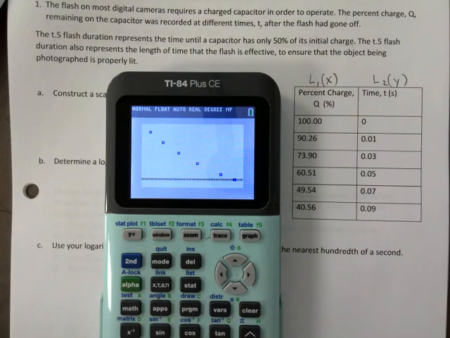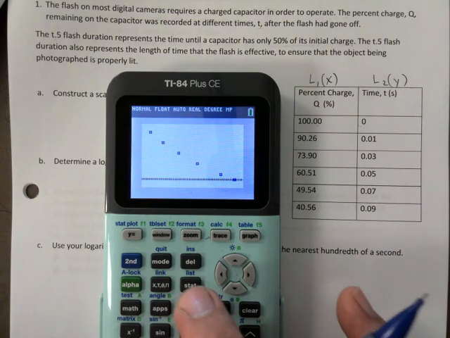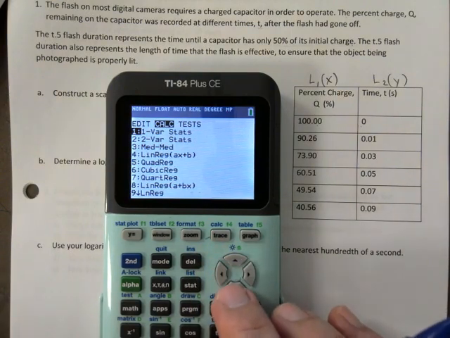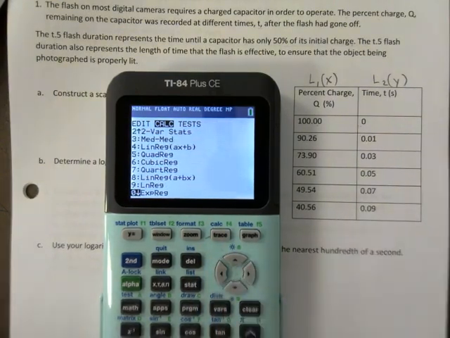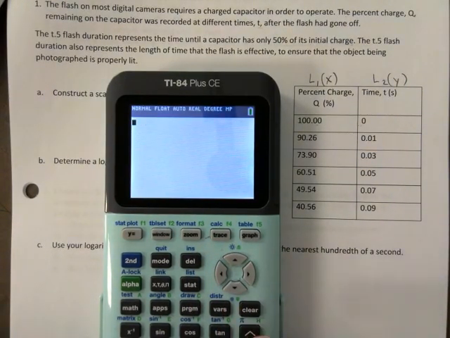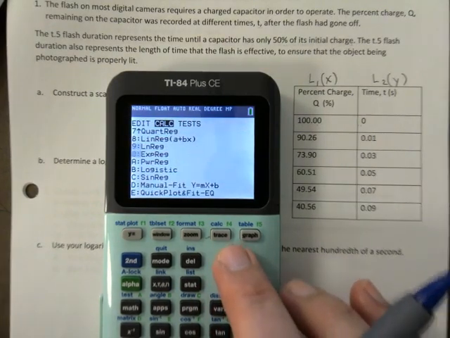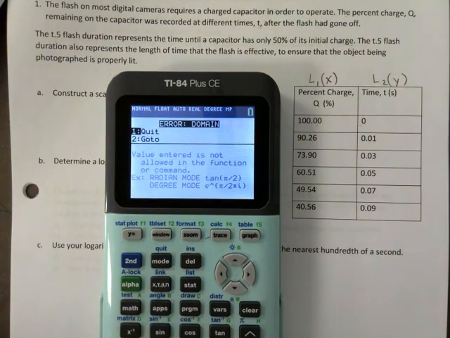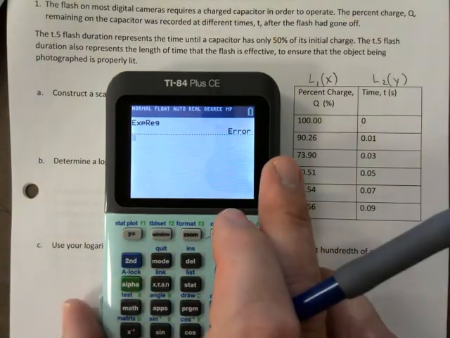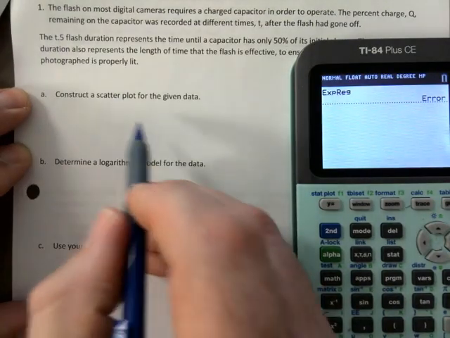You wouldn't even be able to do it. I think you would get an error. Let me just try that. I'm going to try an exponential. There it is. Yeah, see, you get an error. Domain doesn't let you.